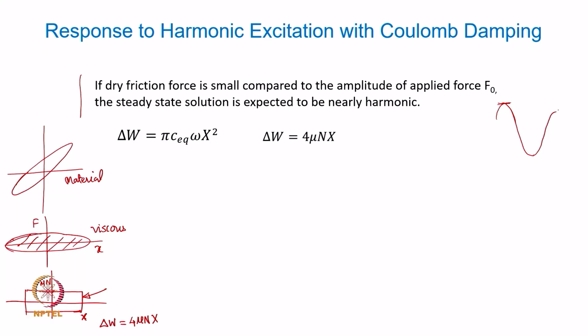Now, what we are going to say is that we can treat the governing equations the same, except that the quantification of the damping as an equivalent viscous damping can happen by equating these two areas. So, we will keep using the same equations, but with a different value of C, okay. And then the solution becomes simpler and you do not invoke too much of an error in the estimation.